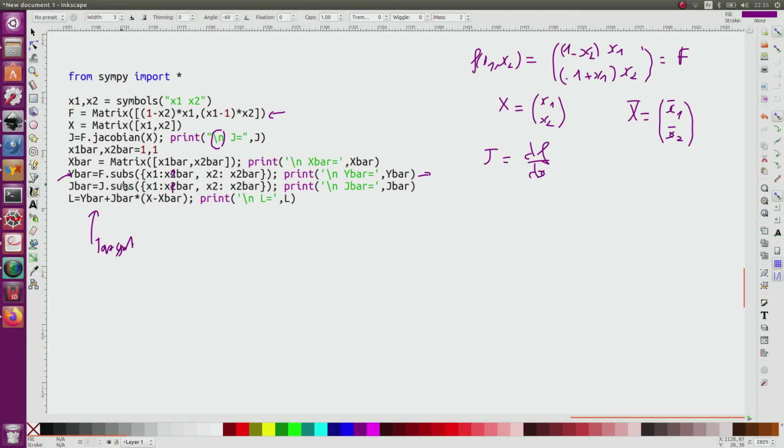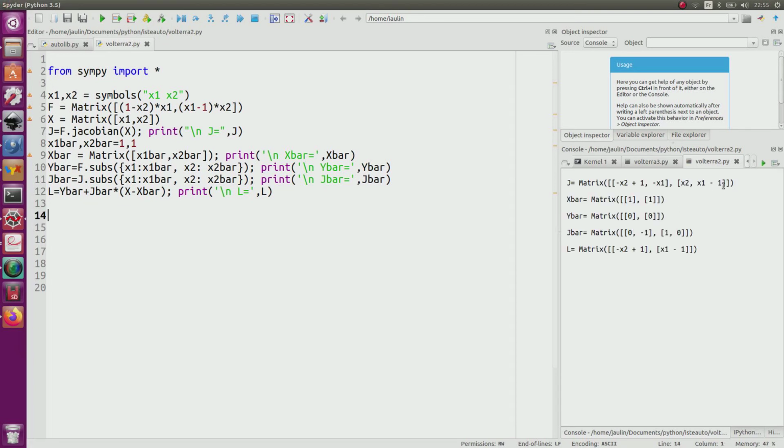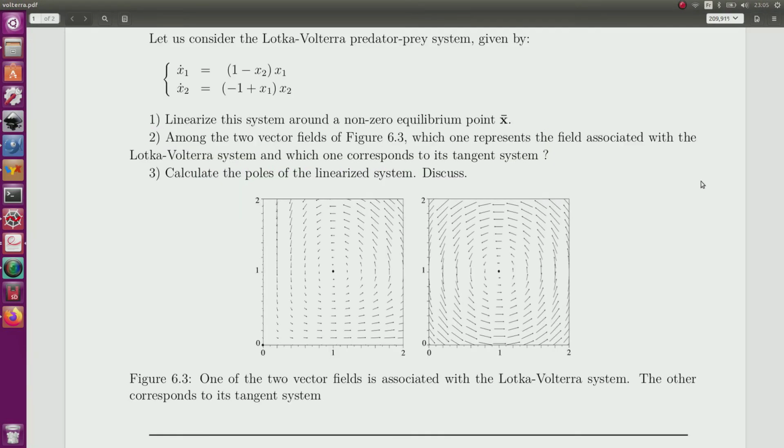So it can be seen as a function. I switch to Python. This is my program, and I will correct here. I run the program, and I can see here the matrix J before substitution. Then I have x bar, which corresponds to 1, 1. G bar after substitution corresponds to the matrix I have already computed.